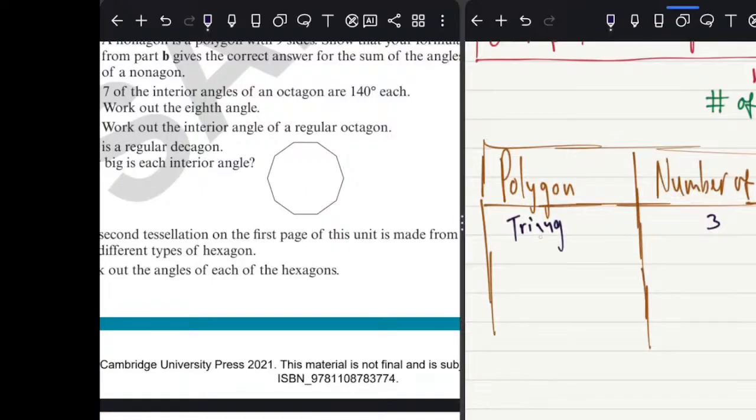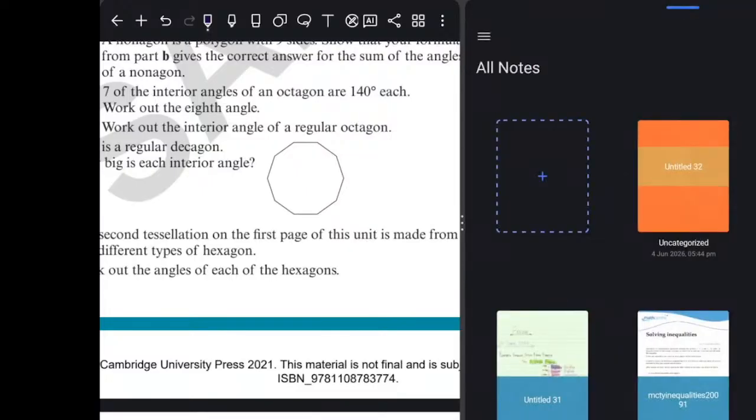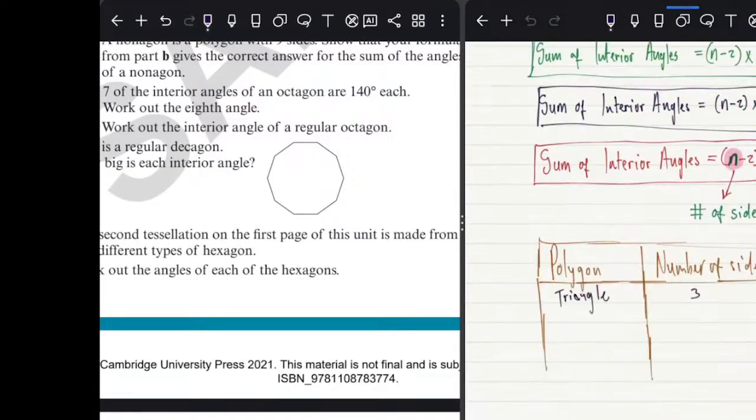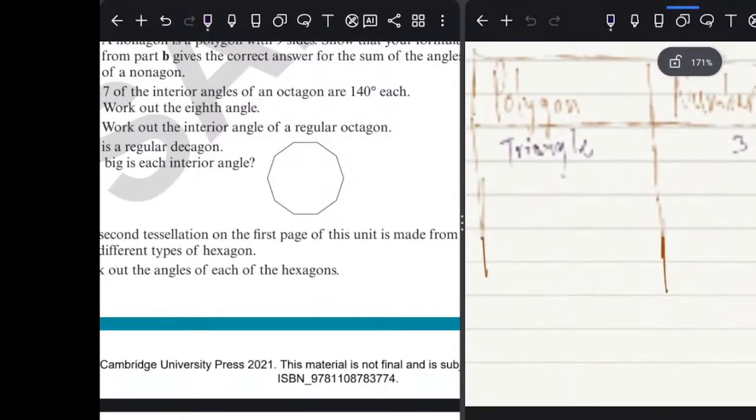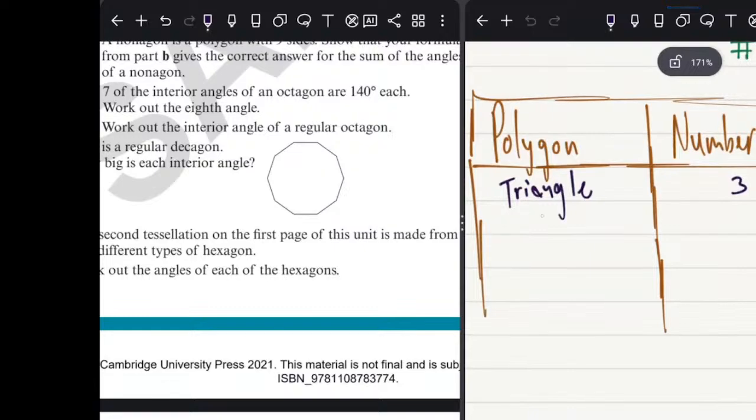Polygon is another name for shape, I've already told you. Any shape with 3 sides is a triangle. Any shape now with 4 sides is called a quadrilateral.